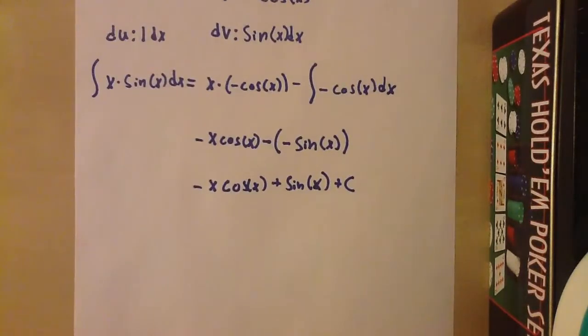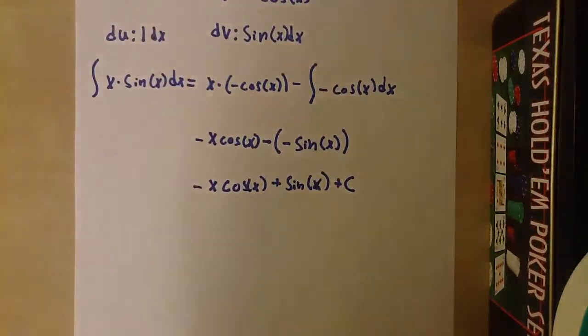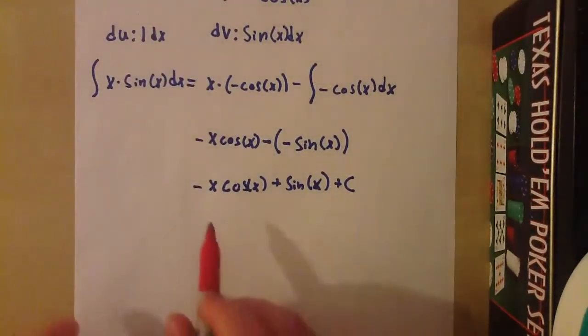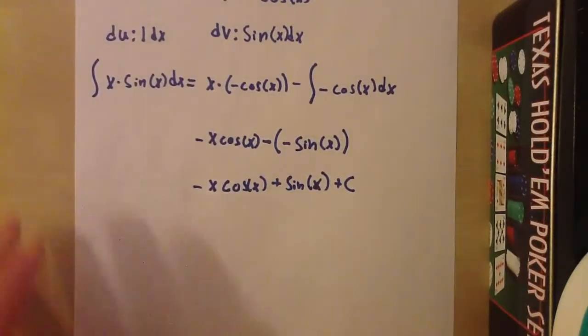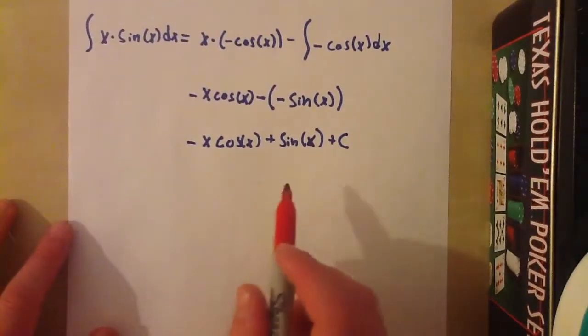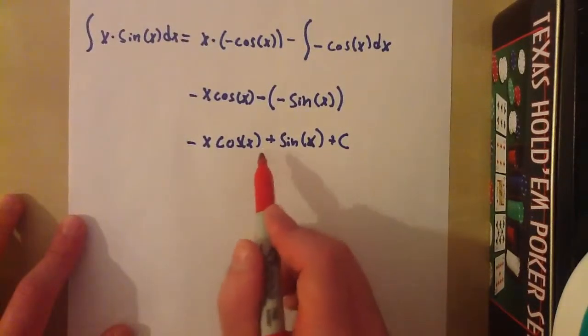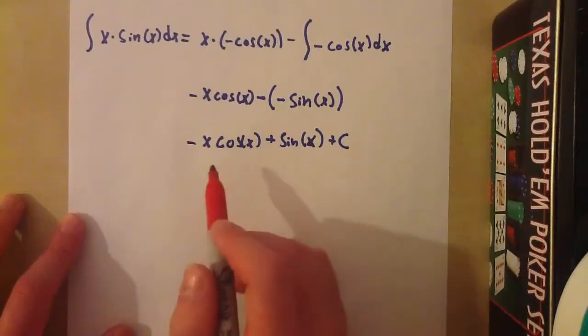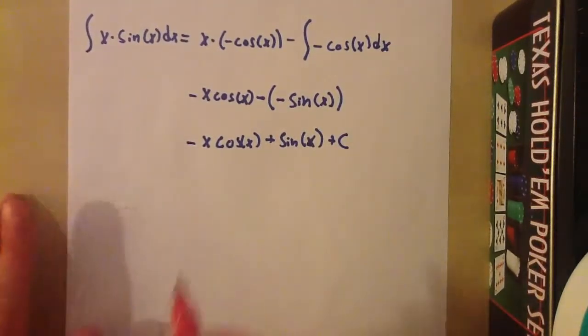But a quick thing we can do is check our answer. Since this is the antiderivative, we know that if we take the derivative of this expression, we should get the original expression. So let's do that real quick. Let's start off with this negative x cosine x, and we can use the product rule.